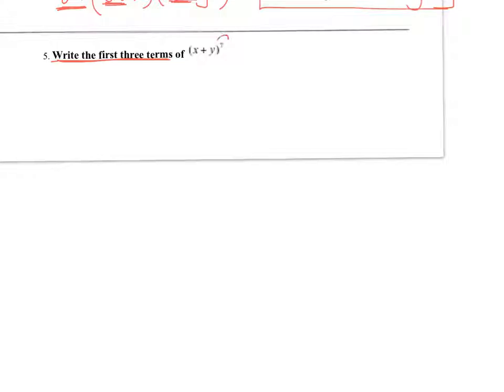So in this case, what is n? I think it's 7, it looks like. Okay, so the first one would be 7C0, 7C1, and remember we always have these plus signs, 7C2. All right, then you've got your a value.